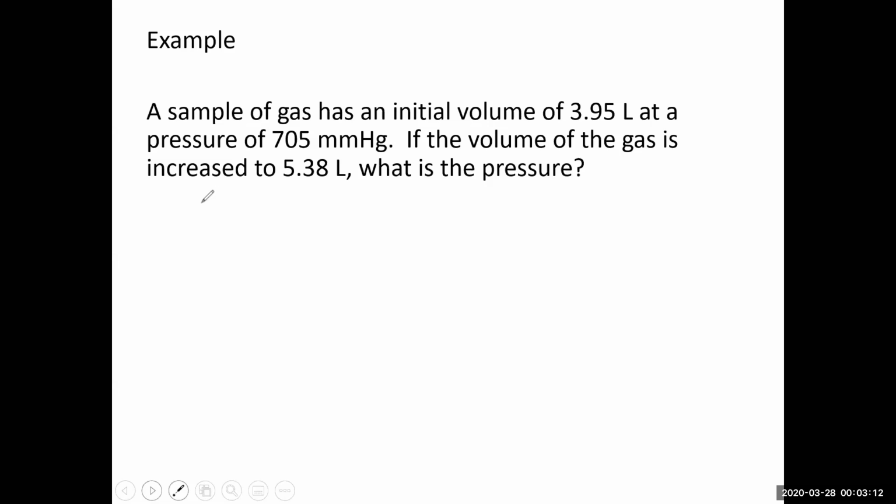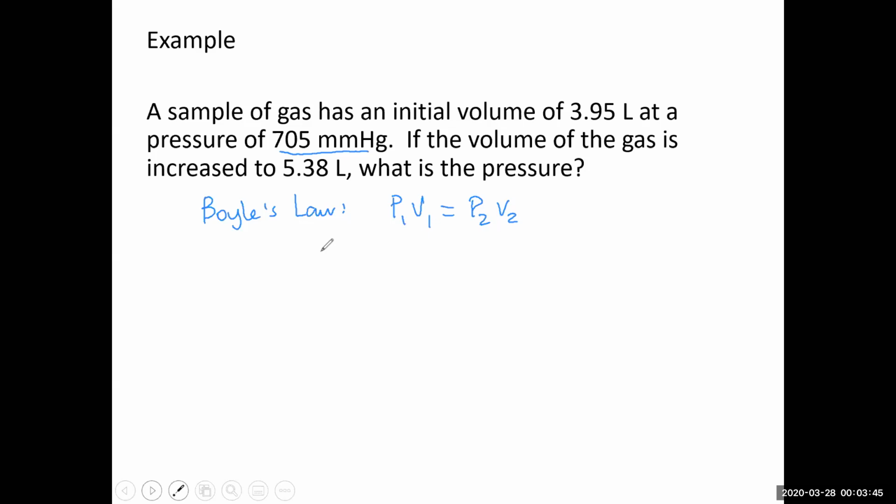All right, we said because we're dealing with 2 different volumes and 2 different pressures, we're looking at Boyle's law, which is P1 V1 equals P2 V2. We have our initial pressure, which is 705 millimeters of mercury.